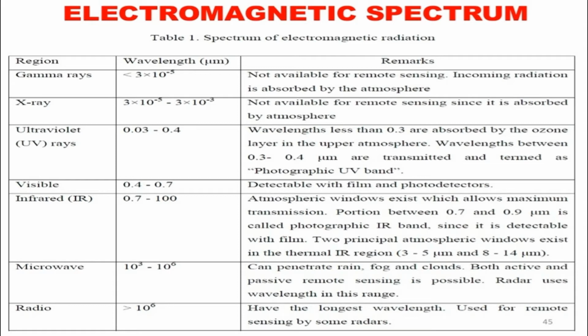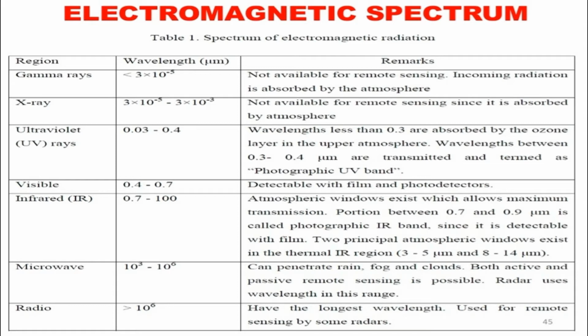The atmospheric window exists which allows the maximum transmission. The portion between 0.7 to 0.9 micrometers is called the photographic infrared band. So we can use infrared detectable film for that imaging and photography.